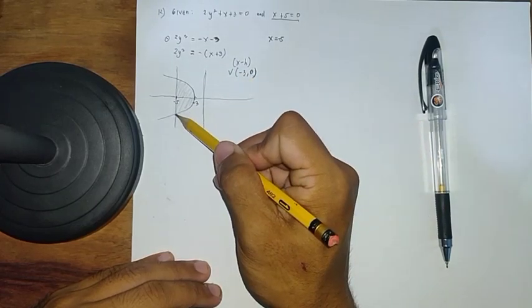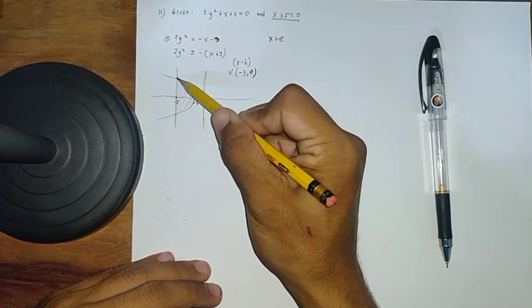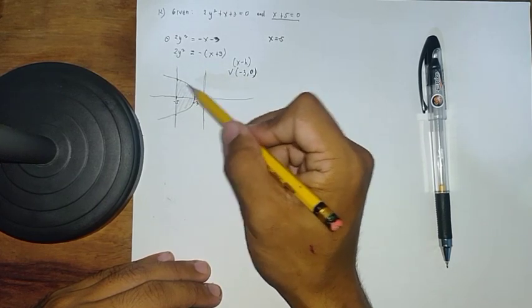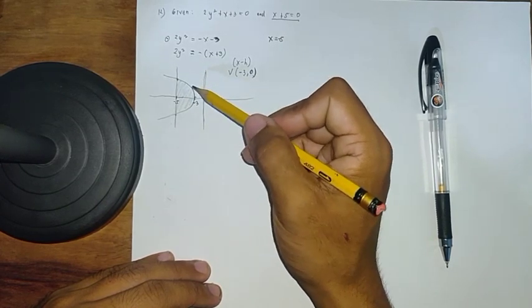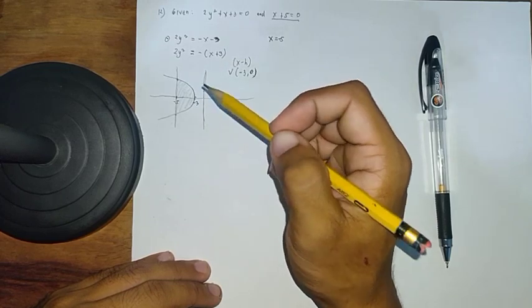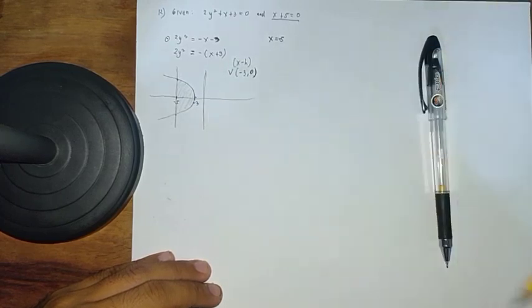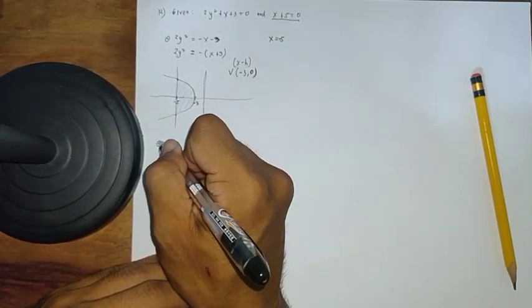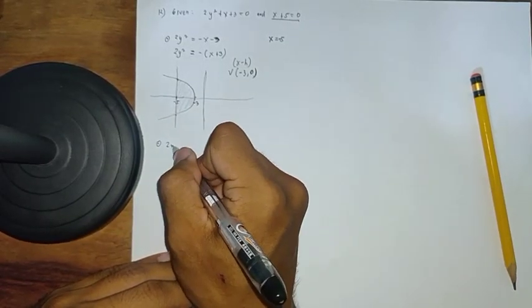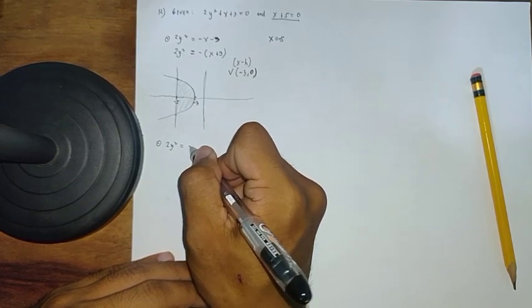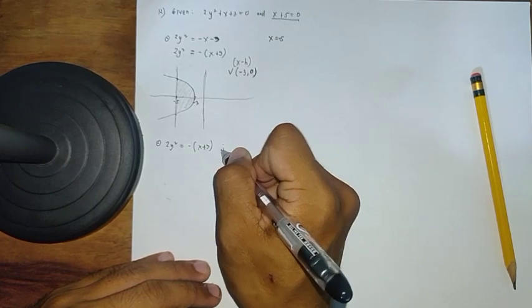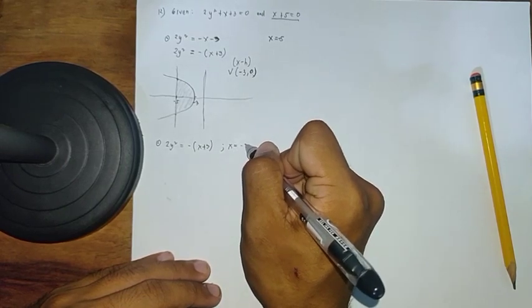Hindi natin alam kung ano yung intersection points nito. Dahil kakailanganin natin ito para ma-determine yung limits ng ating integration mamaya. So, gagawin natin, para sa intersection points, 2y squared is equals to negative the quantity x plus 3, wherein our x is equals to negative 5.